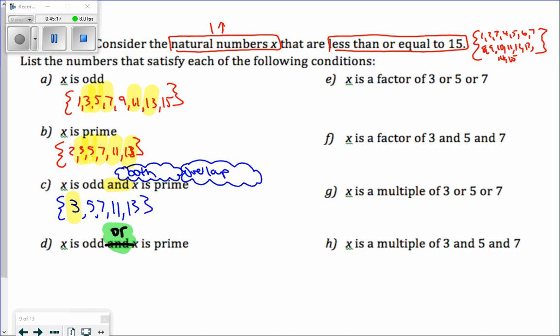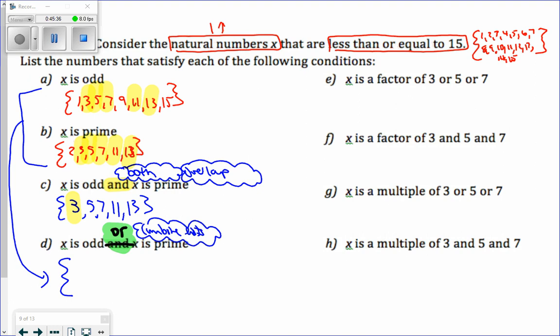Or means you're going to combine the lists because it means one or the other or both. So you're going to take these two sets and you're going to combine them. So the number has to be from either list or in both lists.